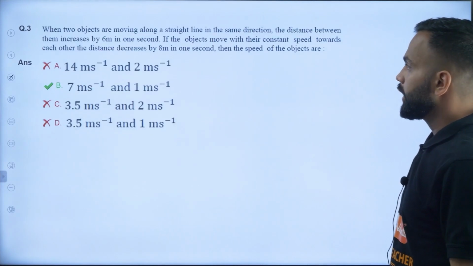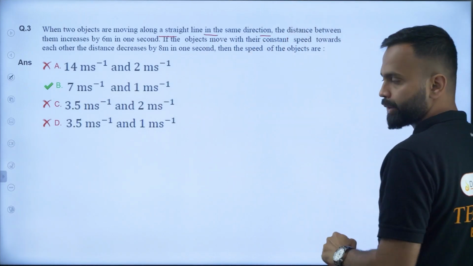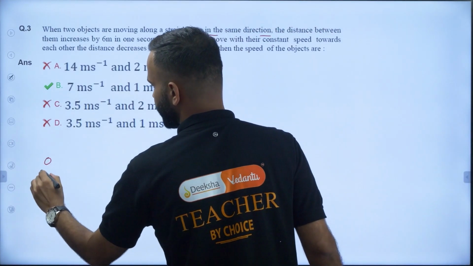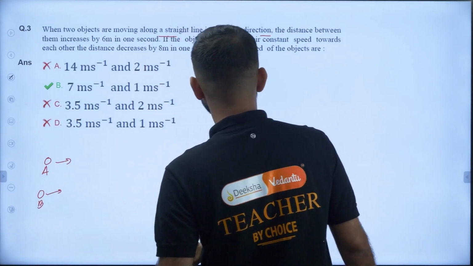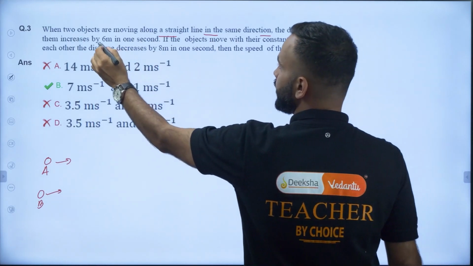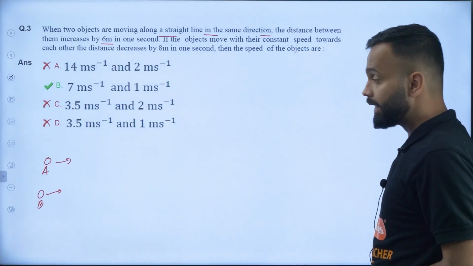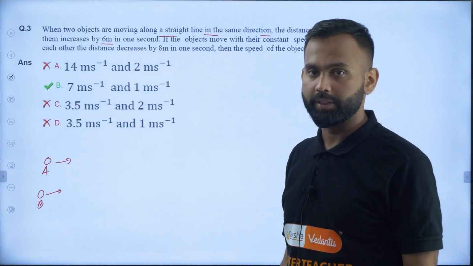Question number 3. When two objects are moving along straight line in the same direction. So two objects A and B moving along straight line in the same direction. The distance between them increases by 6 meter in 1 second. That is, the relative velocity of A with respect to B is 6 meter per second, right?